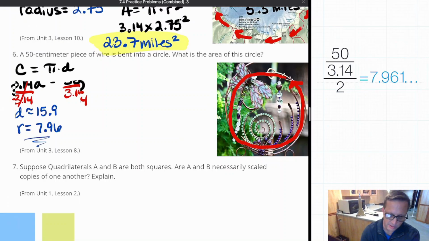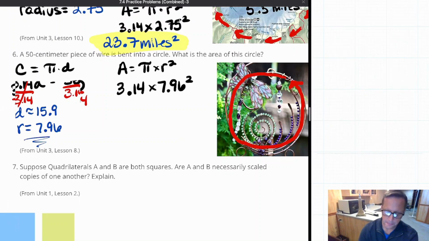The area of a circle is pi times radius squared. So we're going to do 3.14 times 7.96 squared. And there we go. We got 198.955.